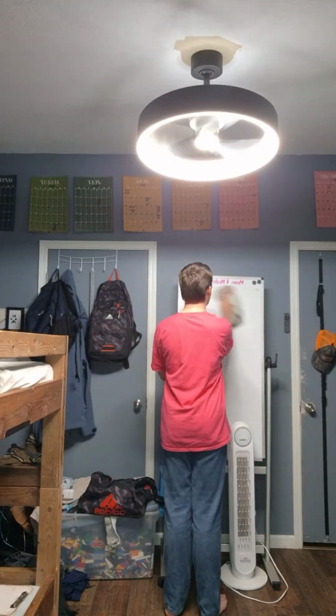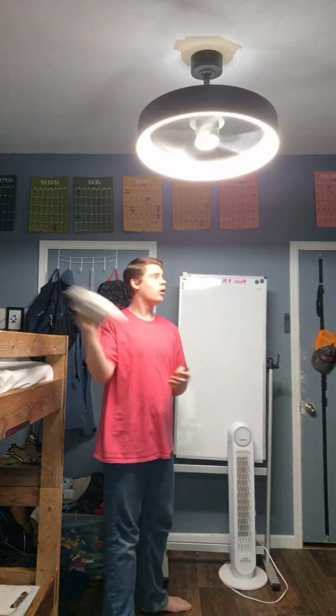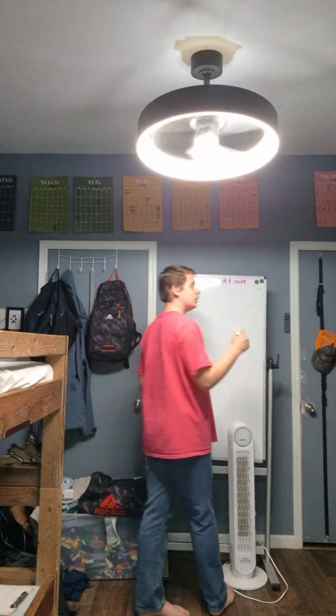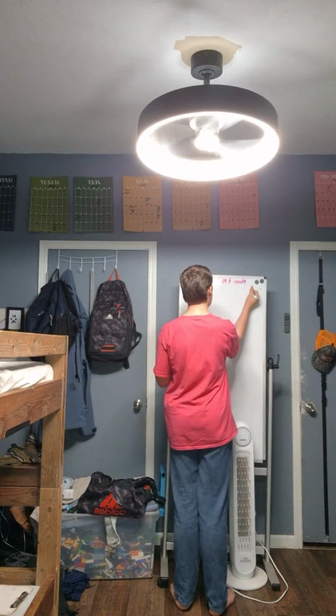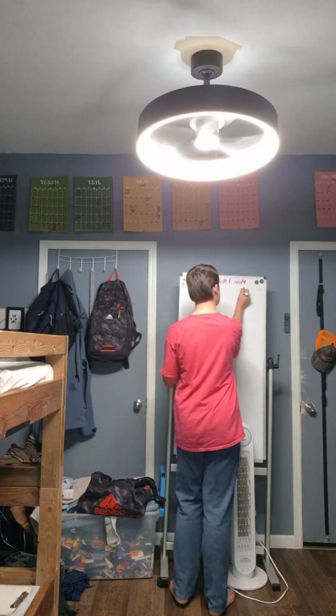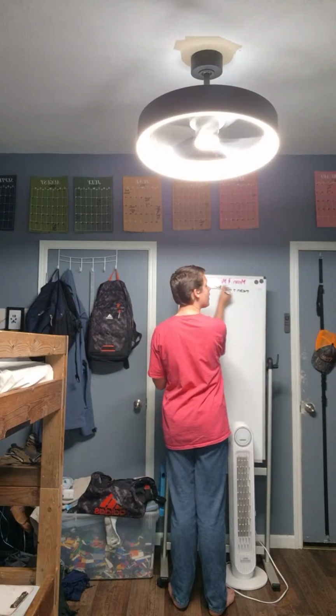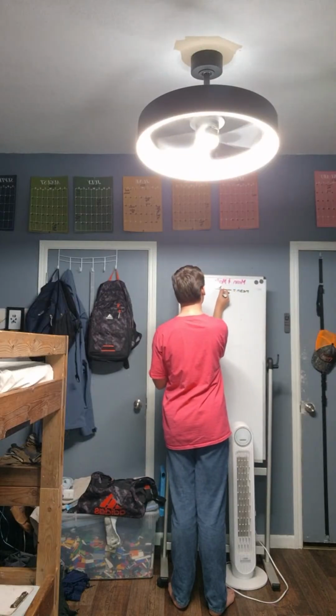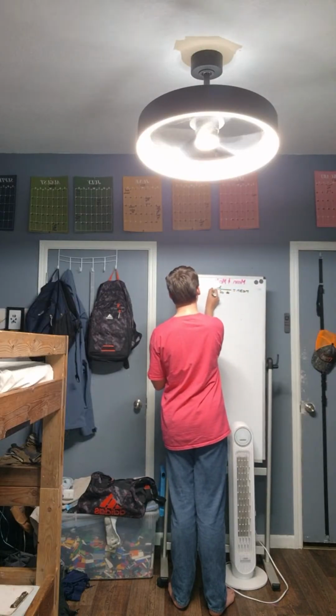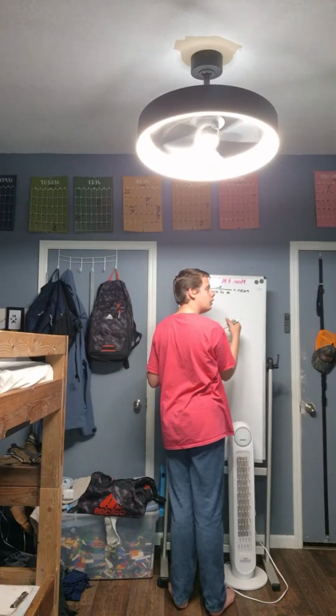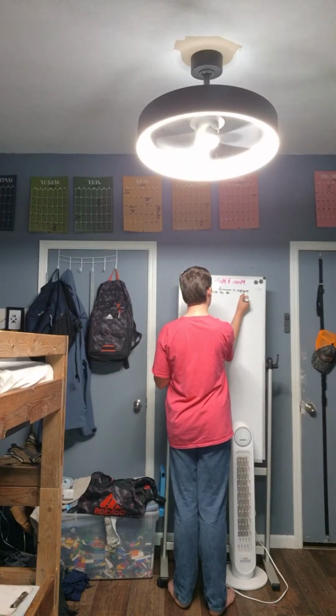Now, we're just going to do this a couple more times. So mean is equal to the sum divided by the number of entries.